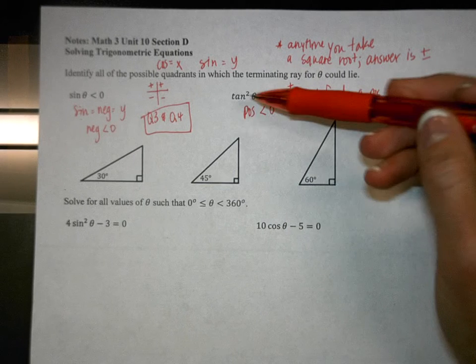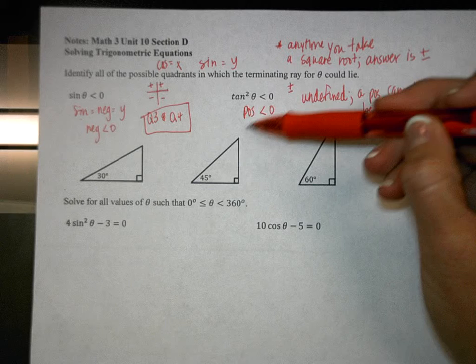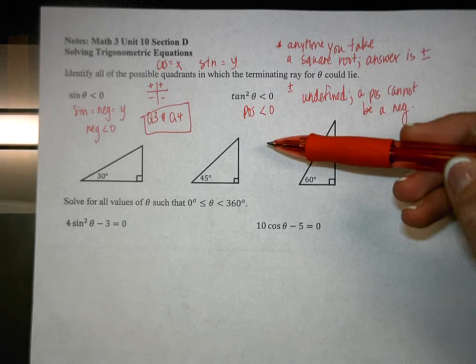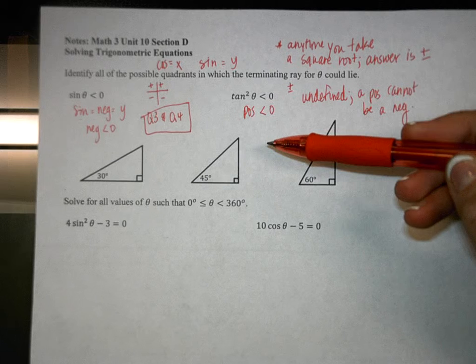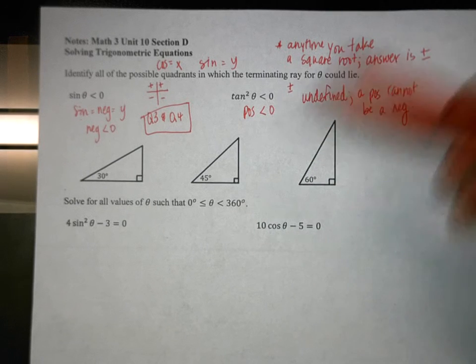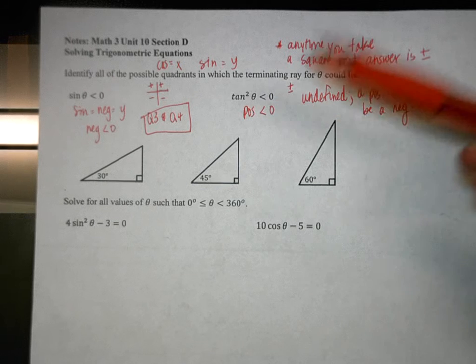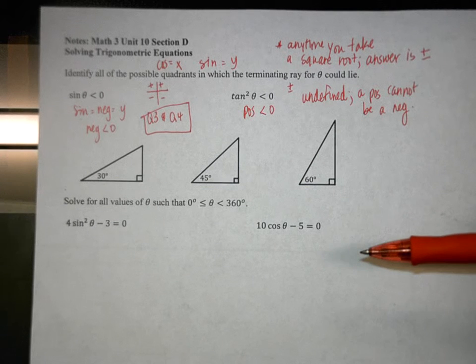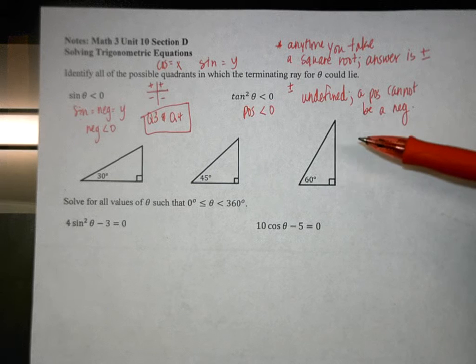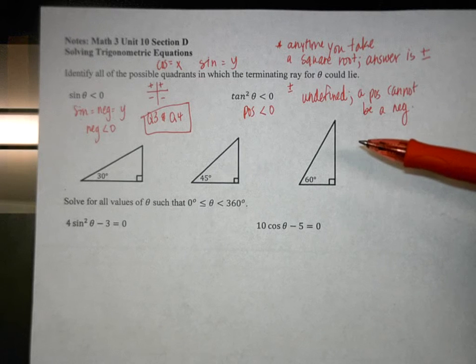So this is basically saying if you were to take any value for tangent and square it, it will always end up becoming a positive. Okay? Because when you square something, whether it's negative or positive, it will always become a positive, and a positive cannot be less than 0. That doesn't work. Yes? Okay.